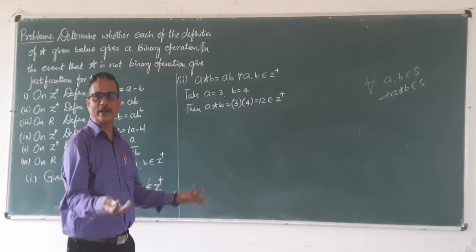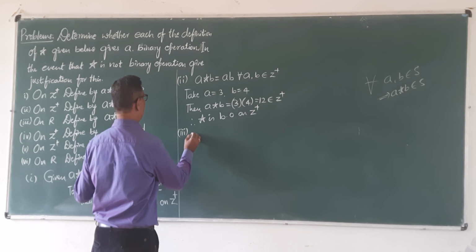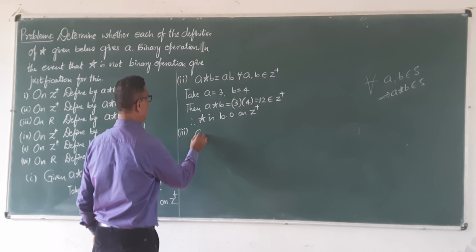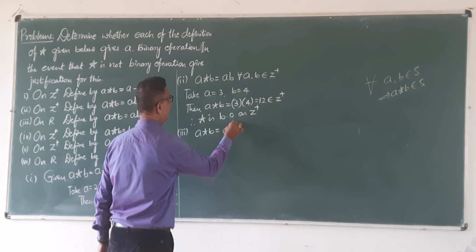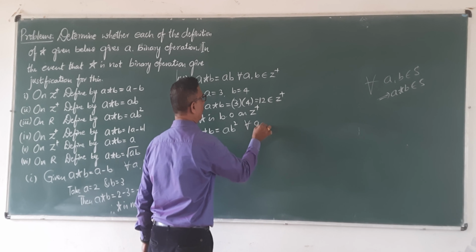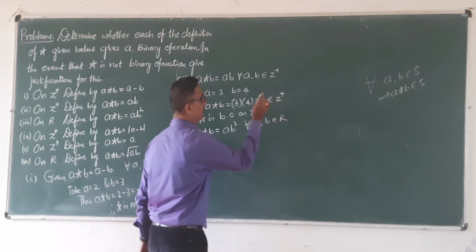One more question. What about the third one? On the set of real numbers, defined by a star b is equal to a into b square for all a and b belonging to real numbers. Take one counter example: is it binary or not? Take a value 2 and b value 3.